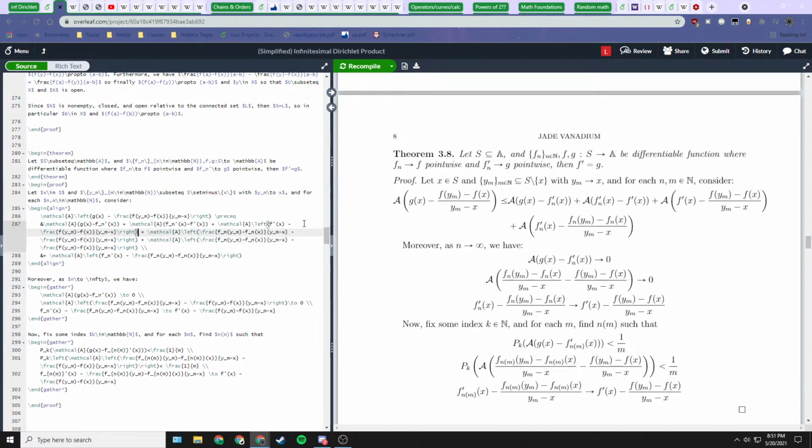This is so gross. So we need to go f sub n prime, and then we get f sub n prime x minus this fraction, right? And that means we don't need to do this, it's not there.